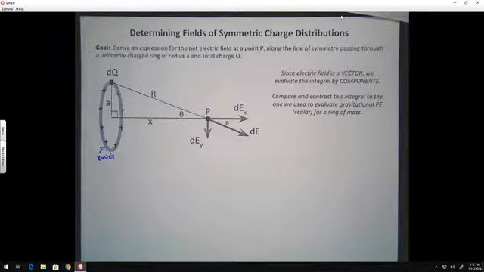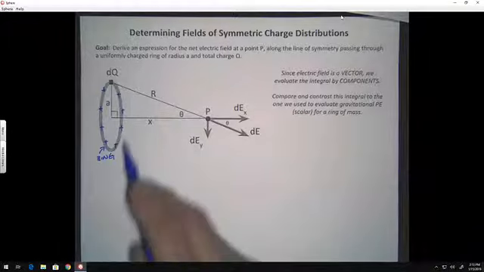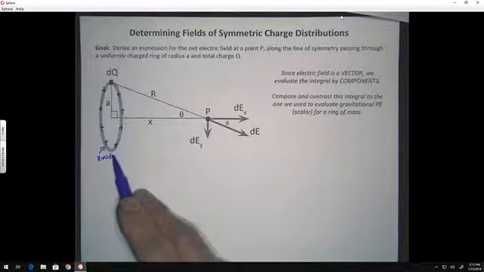Now the ring itself might be a conductor, and when you put positive charge on the conductor, the charge is going to spread out evenly. It could also be an insulator, like a ring of plastic or something like that, and you give it a charge by rubbing it with something. So it doesn't really matter for this problem.